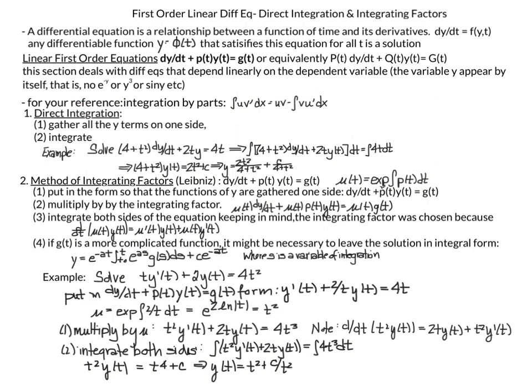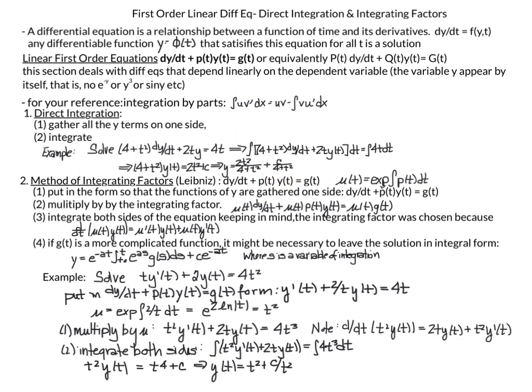But sometimes this integration will give you problems, in which case we would use the method of integrating factors by Leibniz, where we multiply the entire equation by this integrating factor mu(t), which is equal to e raised to the integral of p(t). p(t) is this function of t in front of y.